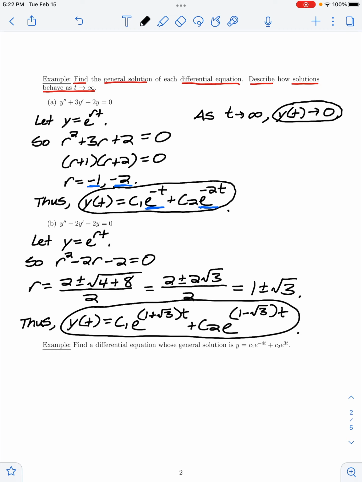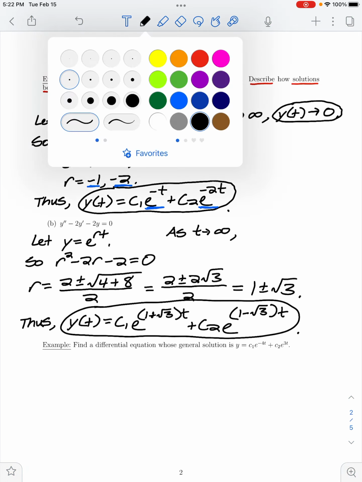Okay. So here we have found our general solution, and again we're asked to determine the limiting behavior of our general solution as time t approaches infinity. So let's look at each term here.